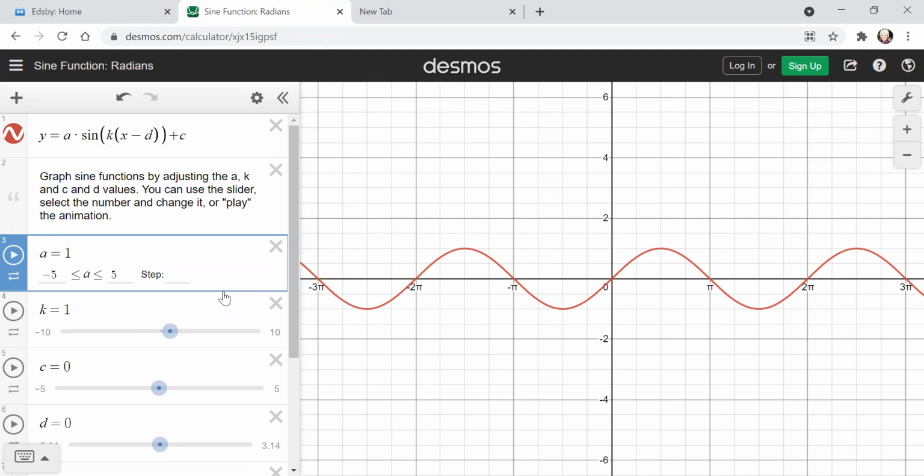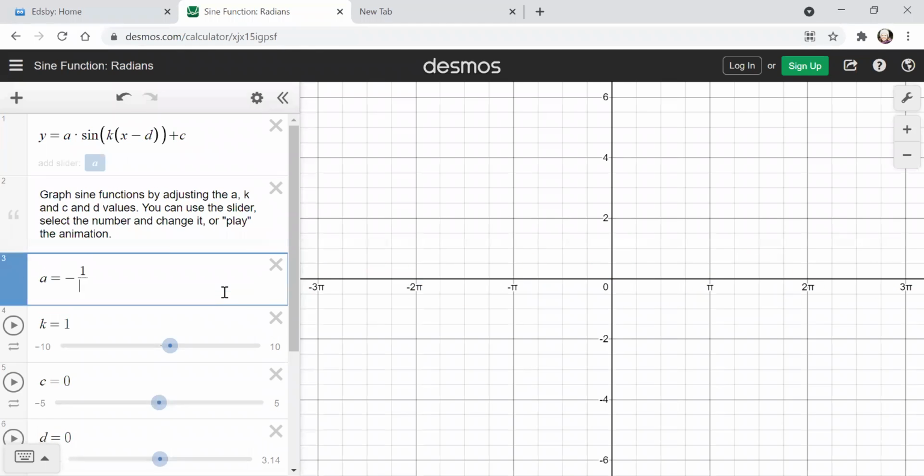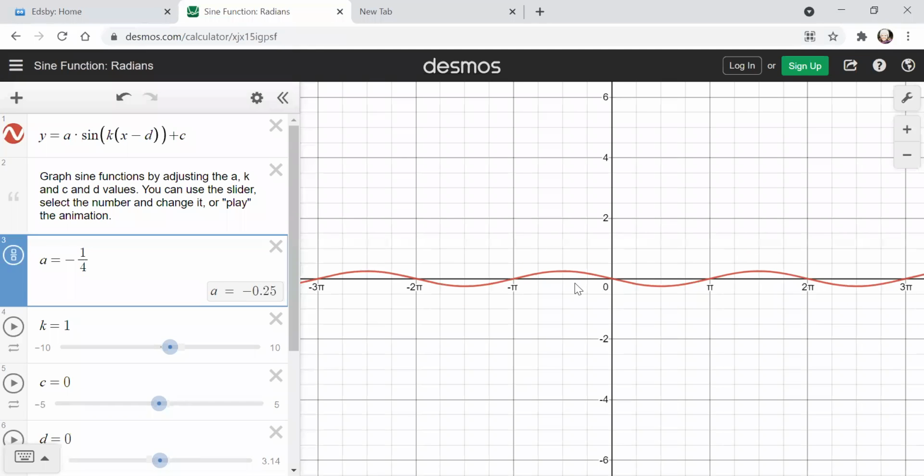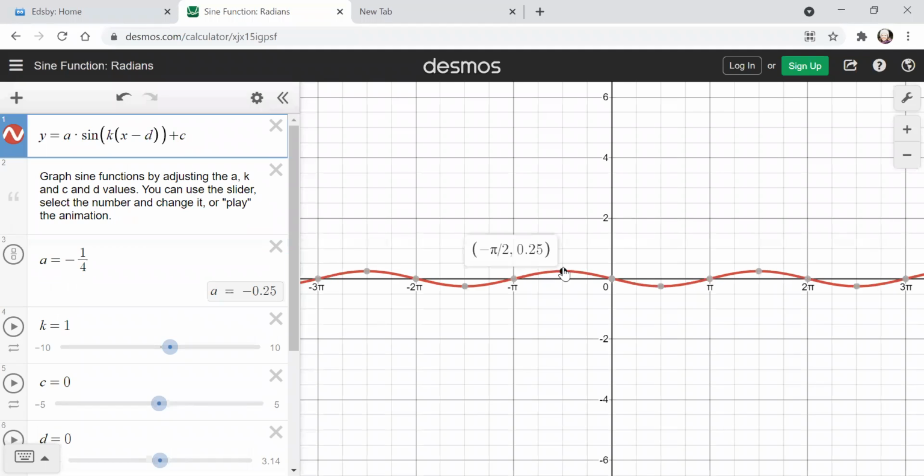So right now it's going up to 1, down to -1. I'm going to change my A value to -1/4. What's the highest that it goes? 0.25. Exactly. It now only goes up to 1/4.